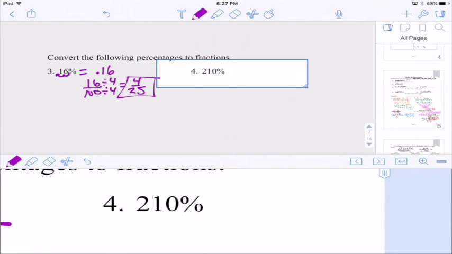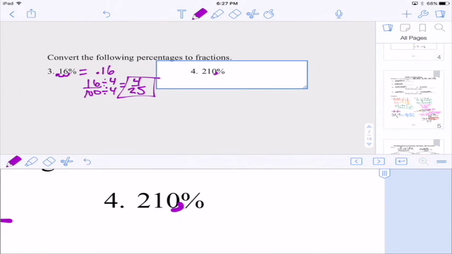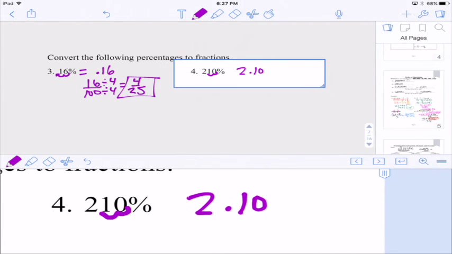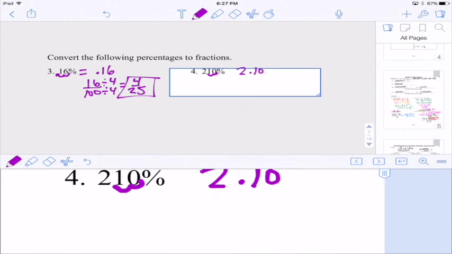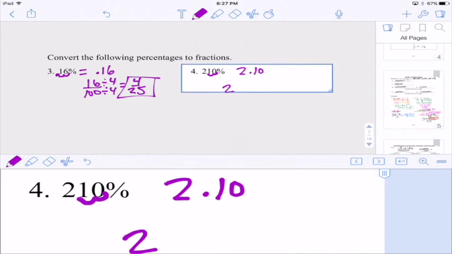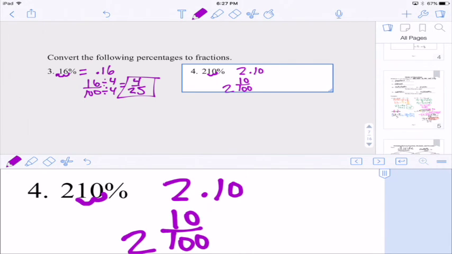And finally, our last example, we need to convert 2 decimal places over, so it's 2.10. And we need to convert this to a fraction. It's tough because we have 2 wholes, so I'm going to leave those 2 wholes like that, and then I have 10 over 100. So 2 and 10 over 100. I can divide both of those by 10.